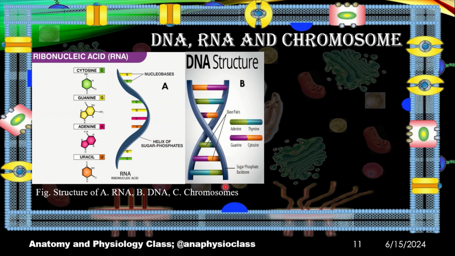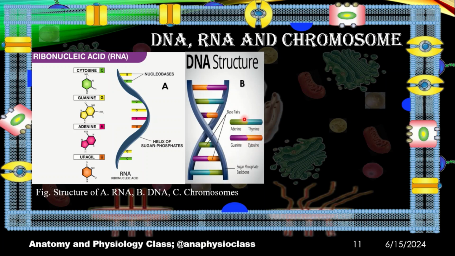DNA has a double helical structure, and each segment of DNA is known as a gene. The structure of DNA is formed by these base pairs, which include adenine, which pairs to thymine, then guanine, which pairs to cytosine.